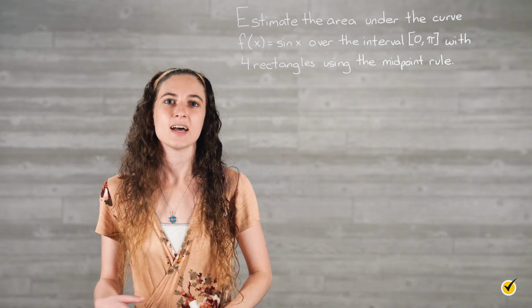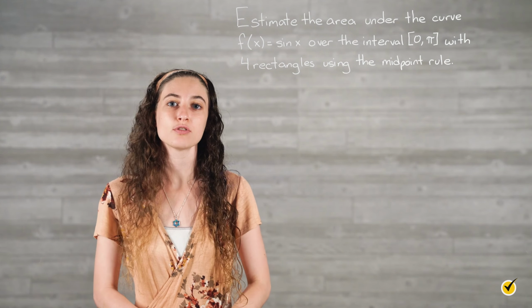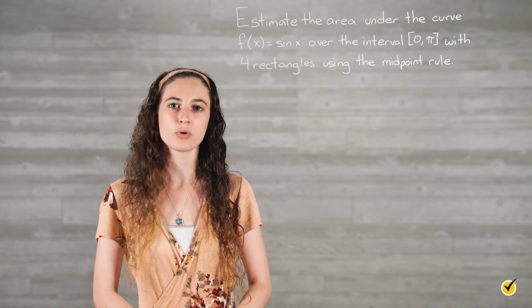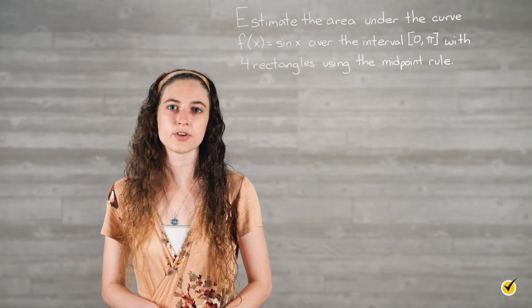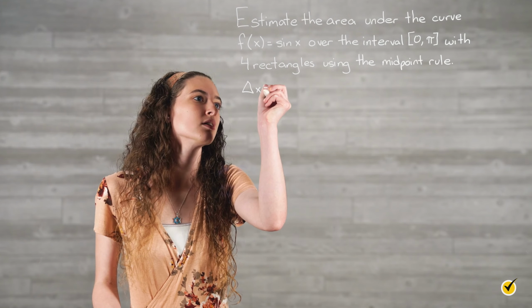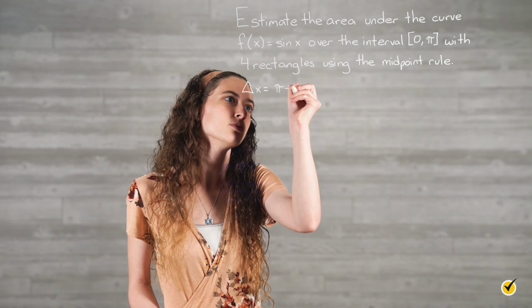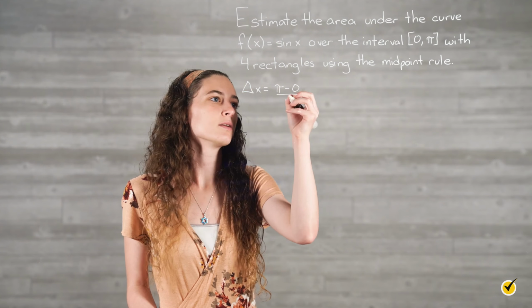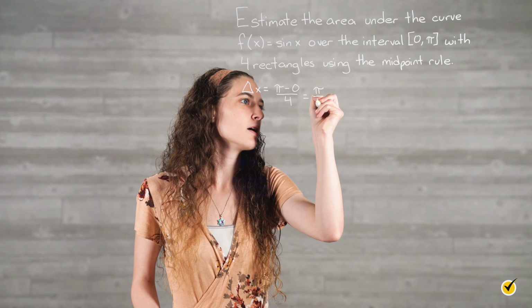Let's try another one. Estimate the area under the curve f of x equals sine x over the closed interval 0 to pi with 4 rectangles using the midpoint rule. The first thing we need to do is figure out our change in x. So change in x is equal to b minus a, so pi minus 0, over n, the number of rectangles, so pi over 4.